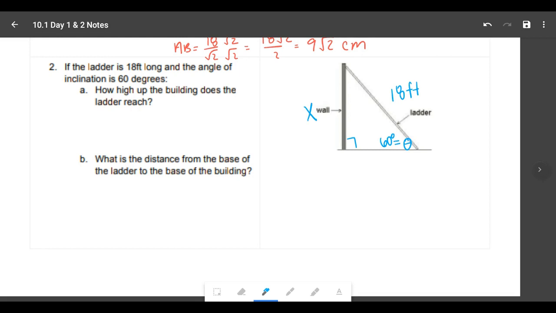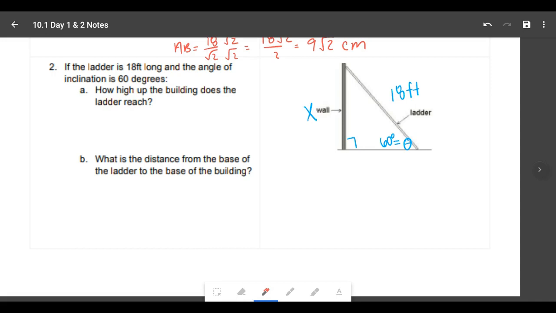Well, if I'm looking at this problem, just like number 1, there are 2 different ways that we can solve it. We can either go through and use SOHCAHTOA, or we can remember the properties of a 30, 60, 90 triangle. And so just like our 45, 45, 90 triangle, our sides of the triangle are in very nice ratios.